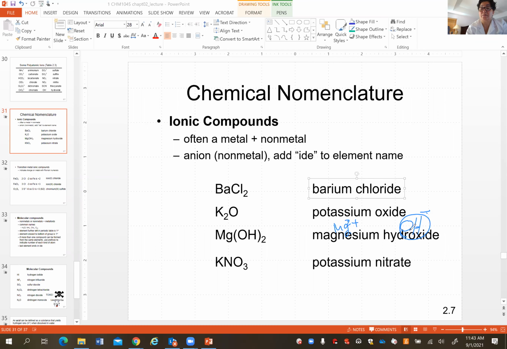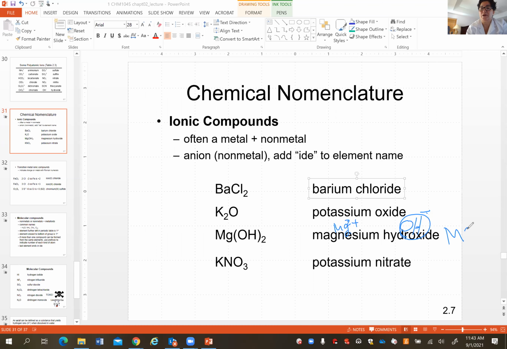Hydroxide is considered a polyatomic ion because it's not a monoatomic ion. So you either have monoatomic or polyatomic. We don't have diatomic ions. Ions are either monoatomic or polyatomic. If it's a polyatomic ion and you need 2 of them, it has to be in parentheses. You have to.